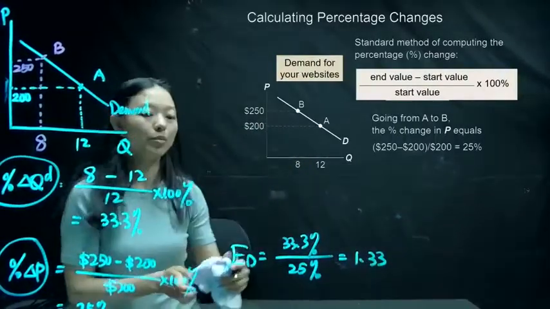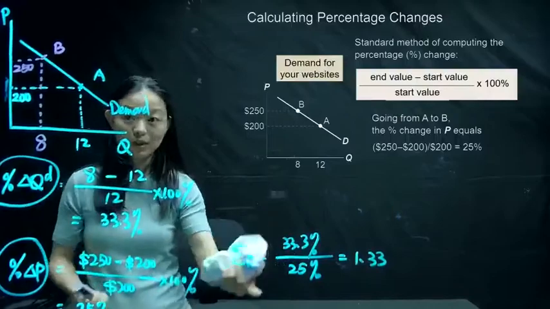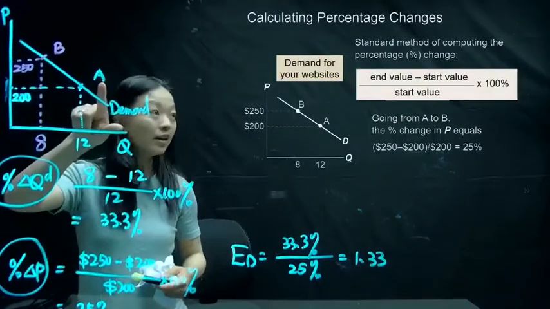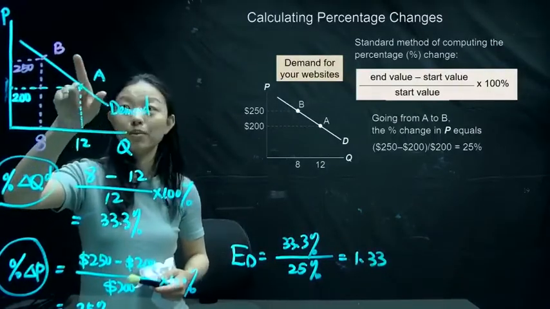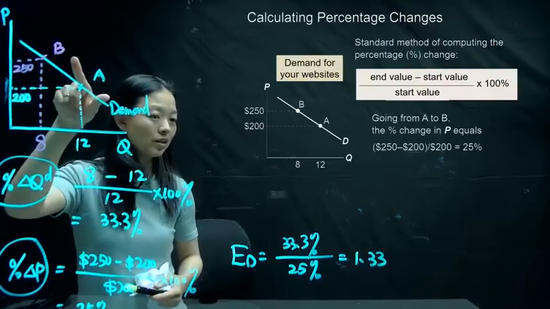This will be the price elasticity of demand that we computed if we choose A as the start point and B as the end point.